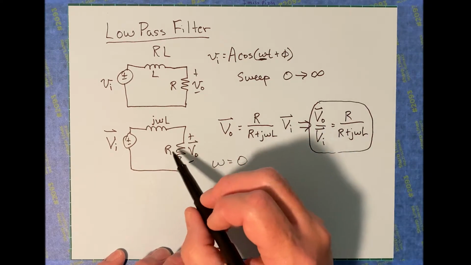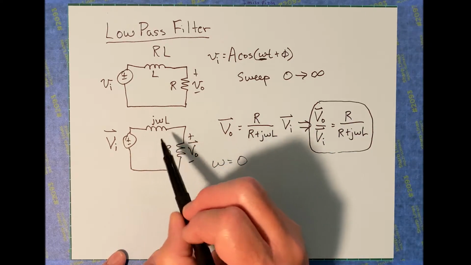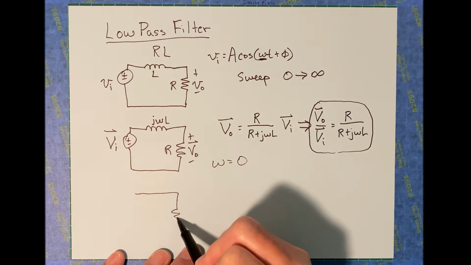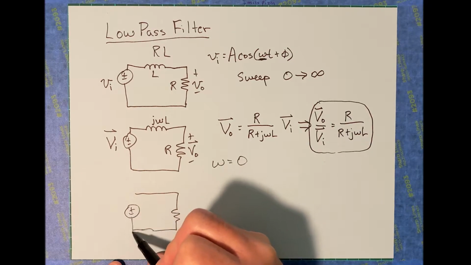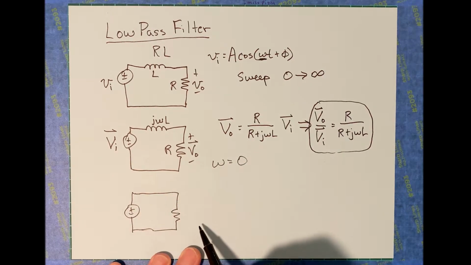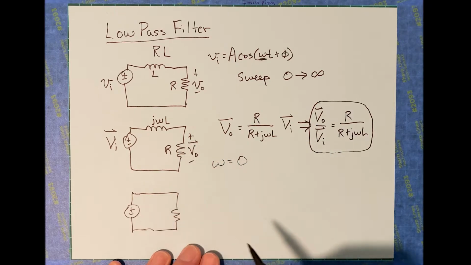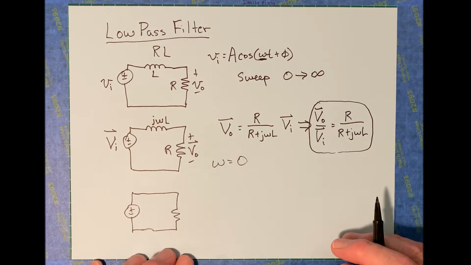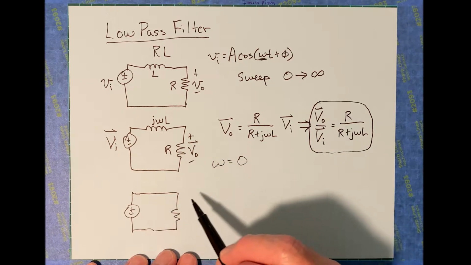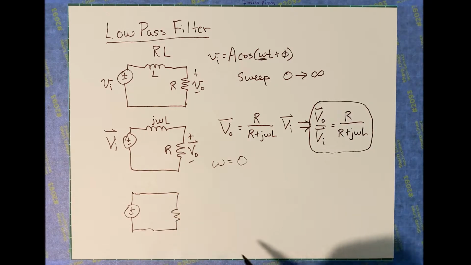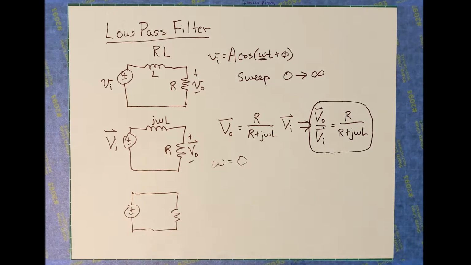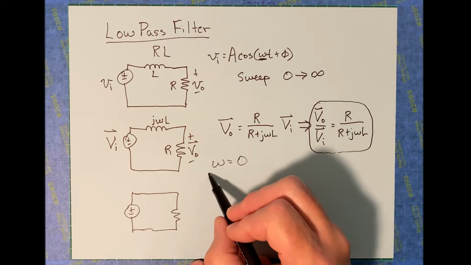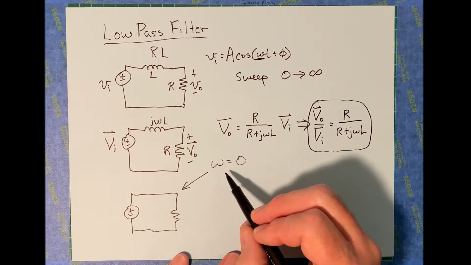And when that happens, this circuit is just a resistor and the source. The inductor might as well not even be there. So that reduces it down. It becomes a pretty simple answer to figure out what V output is, because it's just going to be the input. That's a pretty straightforward case. That's what you get if you have omega equals 0.